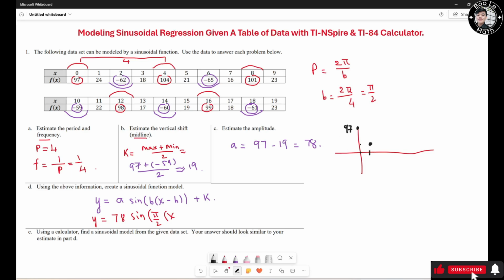When x equals 2, y equals negative 62, so it's right here, the minimum. Then go to 3, 18, so it's around right here. Then go back to the maximum: x equals 4, y equals 104, so it's around right here. If you get a rough draft, you will see that the function should be something like this, and the midline should be right here.